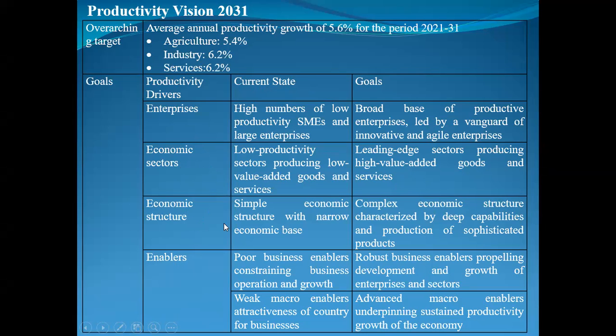Economic structure: a simple economic structure with a narrow economic base, moving to a complex economic structure characterized by deep capabilities and production of sophisticated products. Enabler: core business enablers constrain business operation and growth, moving to robust business enablers propelling development and growth of enterprises and sectors.